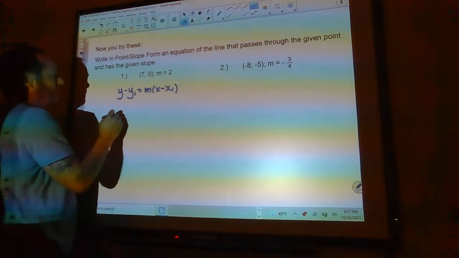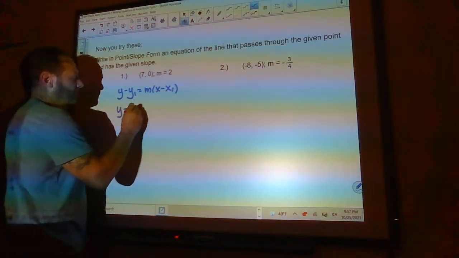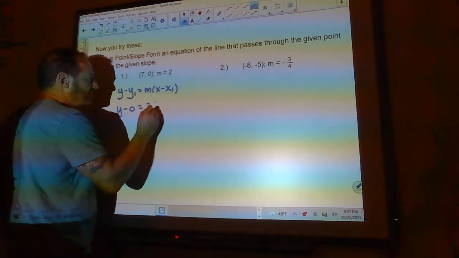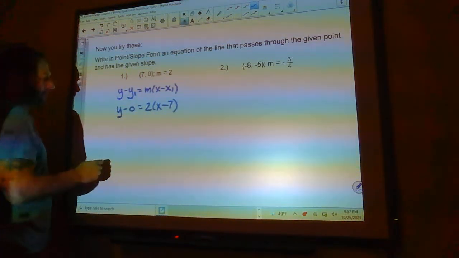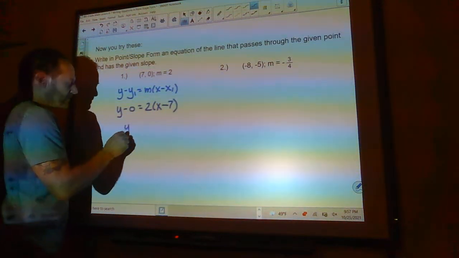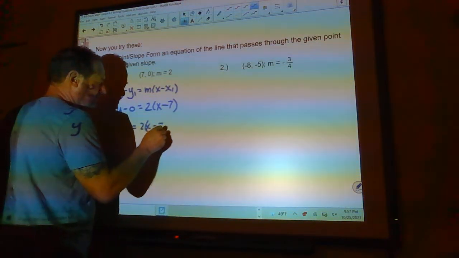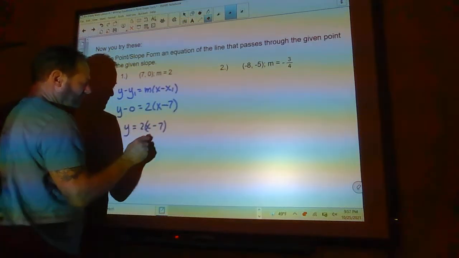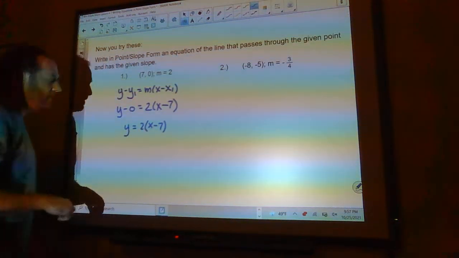Okay, so y minus the y coordinate, which is 0, equals 2 times x minus the x coordinate, which is 7. And in this case, I can just lose the 0. Didn't like the way that came out. So we'll fix it. There you go. You're done.